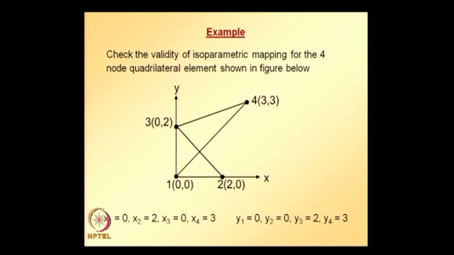After this, we are going to map the element onto a 4 node parent element. Taking parent element shape functions, we can write isoparametric mapping expressions, that is x in terms of s and t, y in terms of s and t, using parent element shape functions and physical element coordinates.